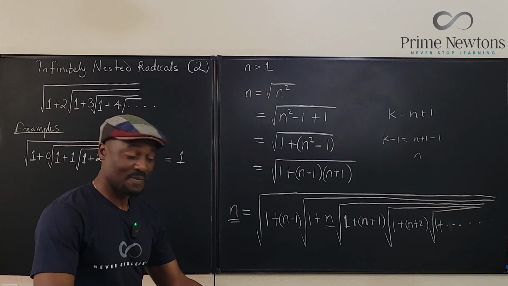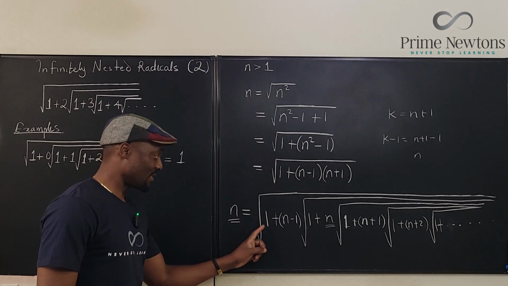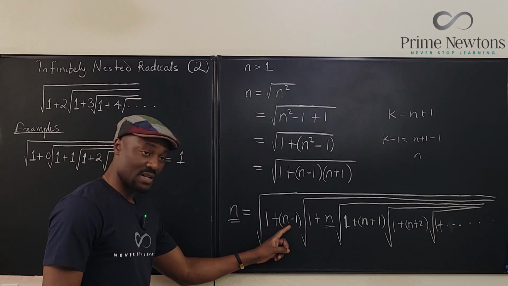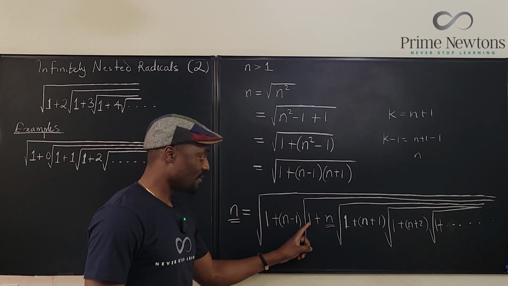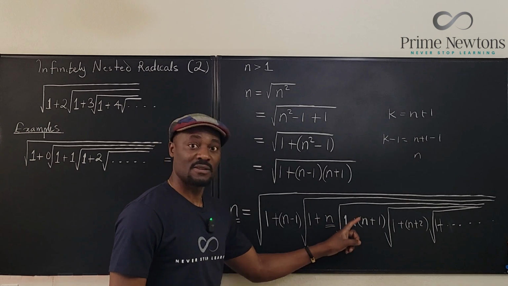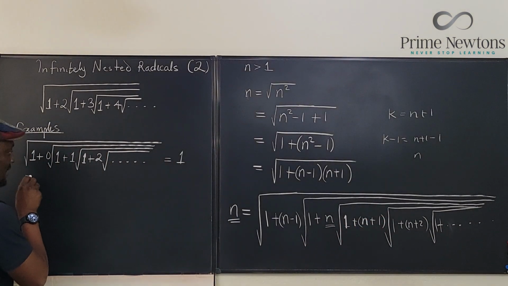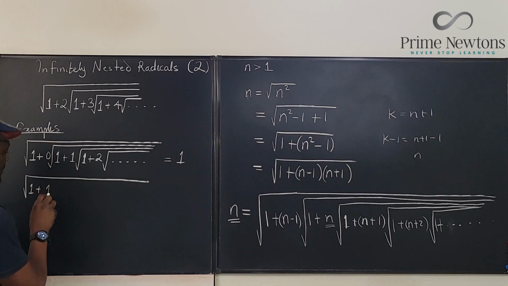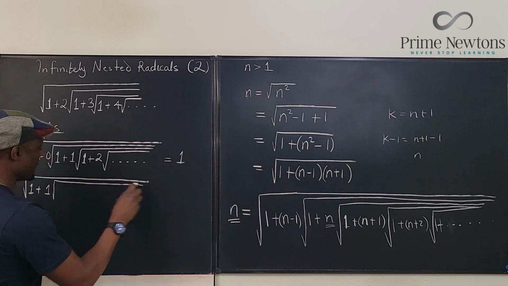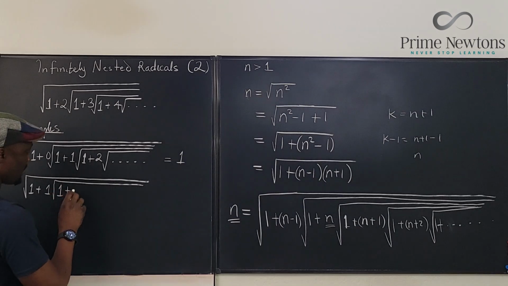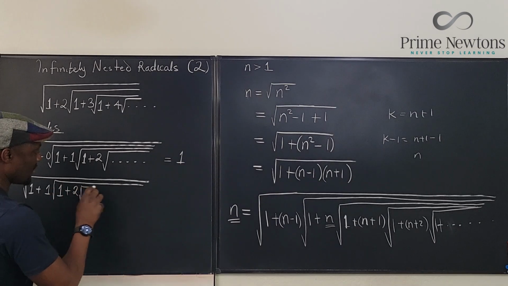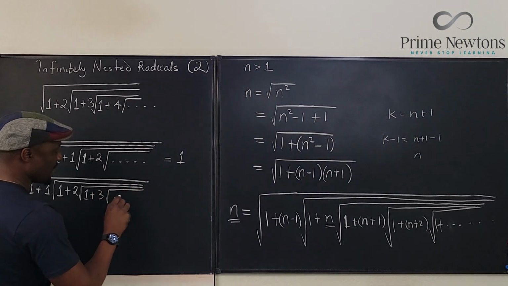Let's move on to 2. If this is 2, then this is going to be 1 plus 1 times the radical of 1 plus 2 times the radical of 1 plus 3. So we can do the same thing. This is going to be the radical of 1 plus 1 radical 1 plus 2 radical 1 plus 3 radical, and so on.